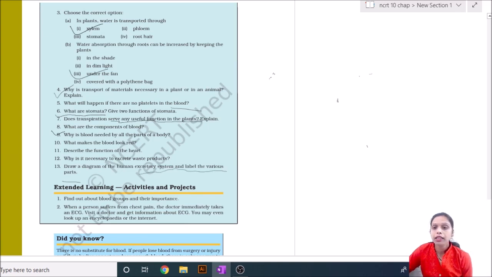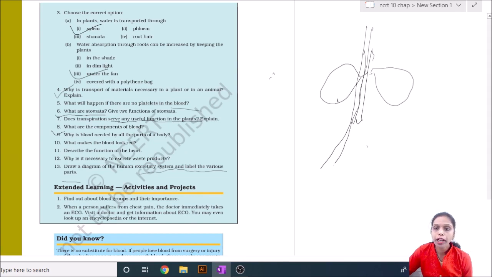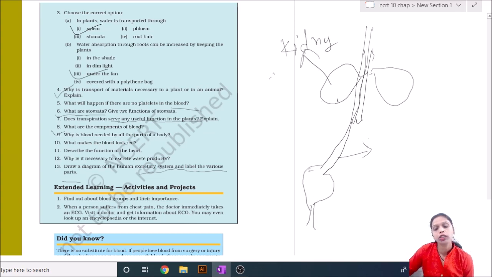There are two kidneys, and this is a tube, the urinary tube, which comes into the bladder and goes out through the urethra.